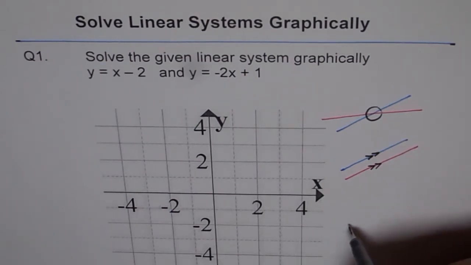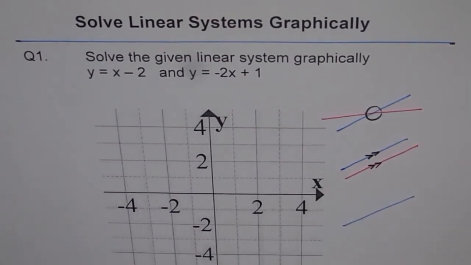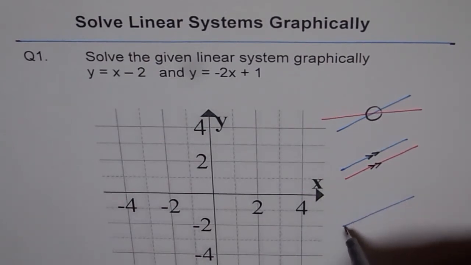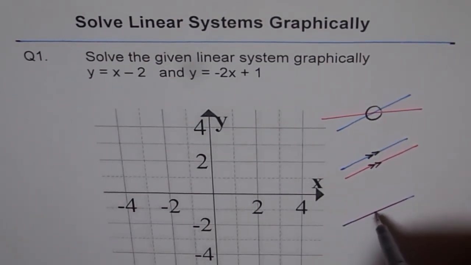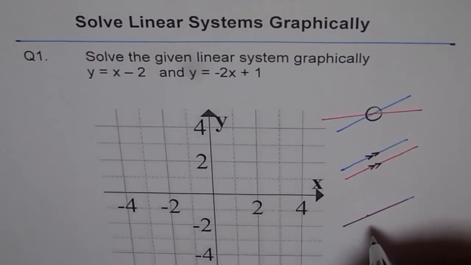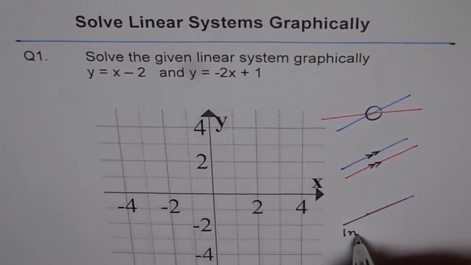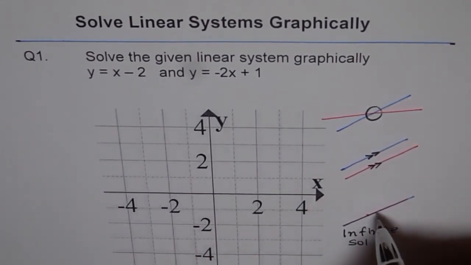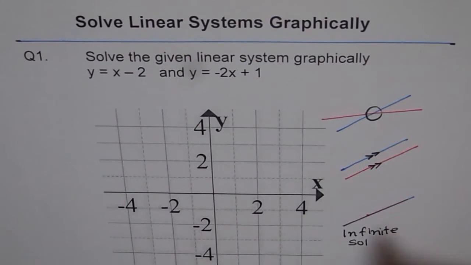And how about this? If we have the other line exactly over the previous line, so both are the same line, they are parallel also, but they are coincident, they overlap. How many solutions will they have? Well, this set of lines will have infinite solutions, because they overlap at each and every point.